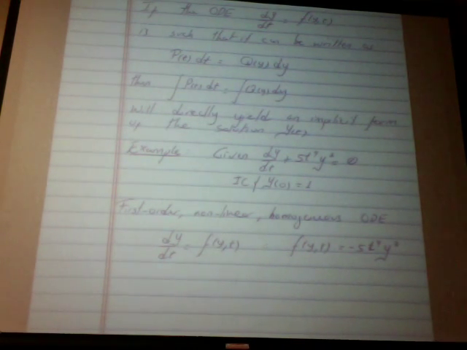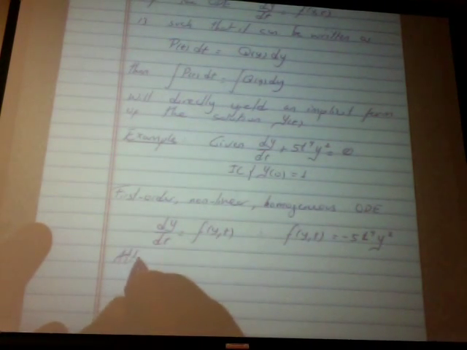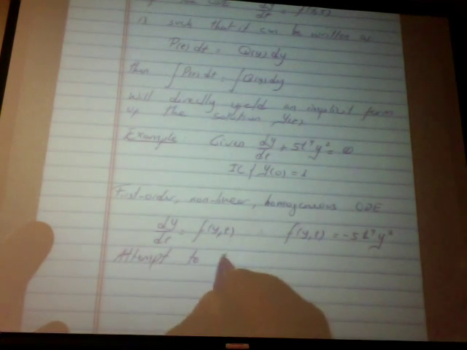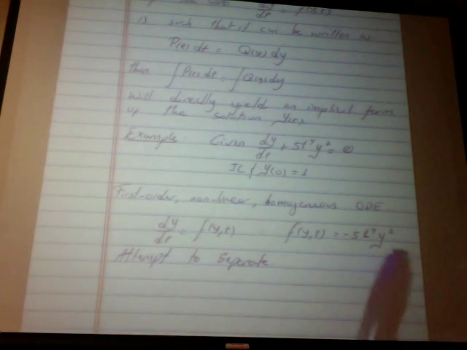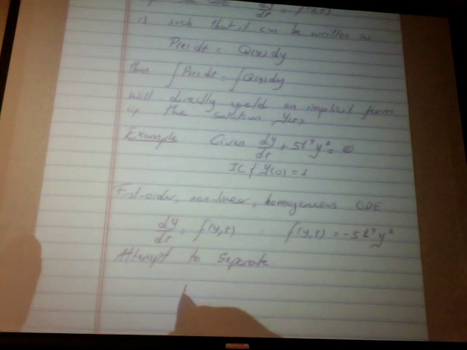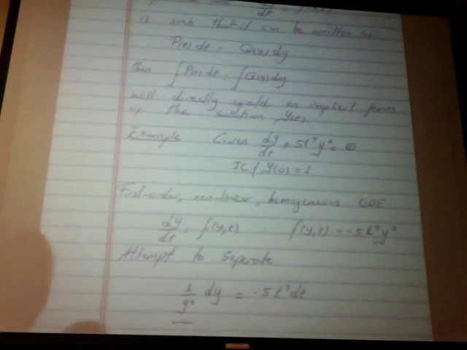All right. So let's attempt to separate. So notice that if dy dt is equal to minus 5t to the fourth y squared, we can attempt to separate it and be successful if we just say 1 over y squared dy is equal to minus 5 t to the fourth dt, where this is q of y and this is p of t.